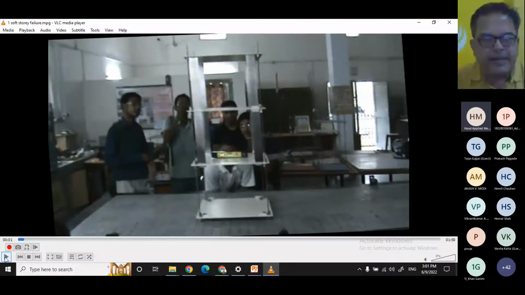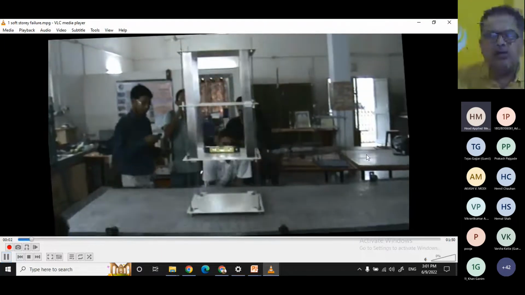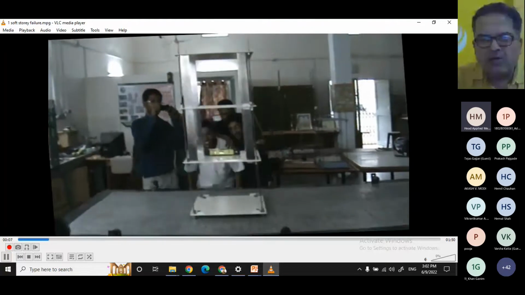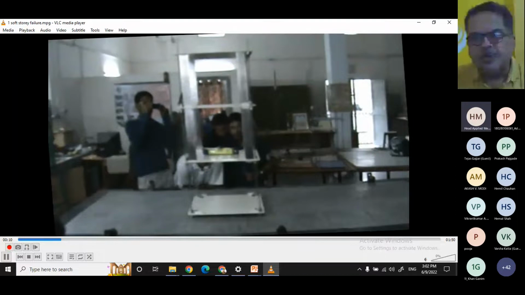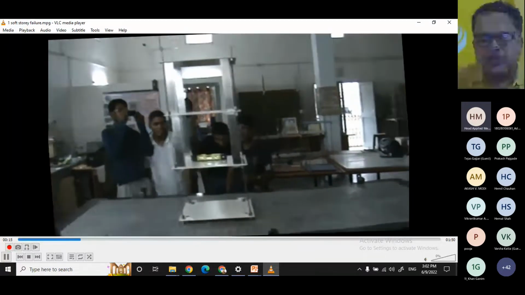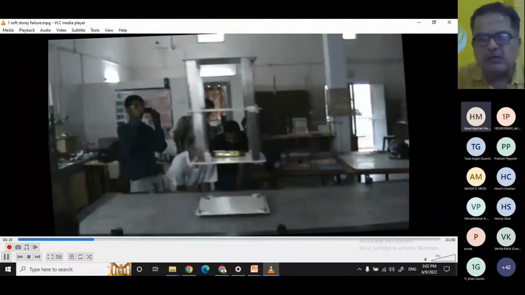I'm applying the ground motion, right? Again, the same model is there. We are also placing the level indicator. So we assume that the floor is horizontal, and now we apply the earthquake motion.